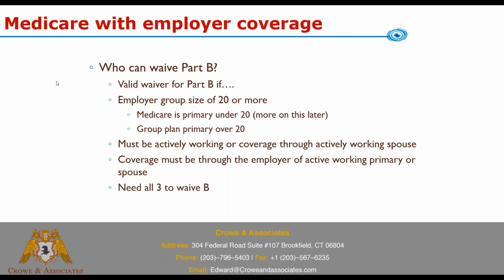That doesn't count. It's not an active waiver, so it's got to be all three things to waive Part B without penalty in the future. 20 or more, actively working, coverage through the employer. All three have to be in place to waive Part B. At any time when those three things aren't in place, your person needs to sign up for Part B immediately, or very quickly, I should say.